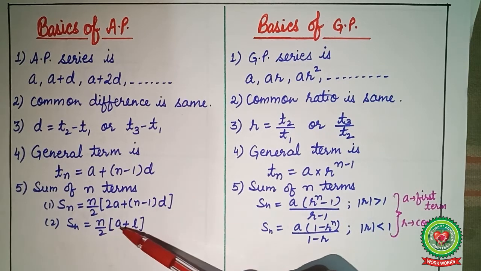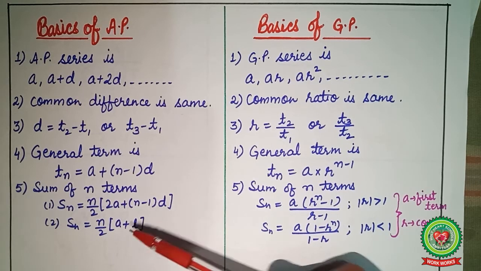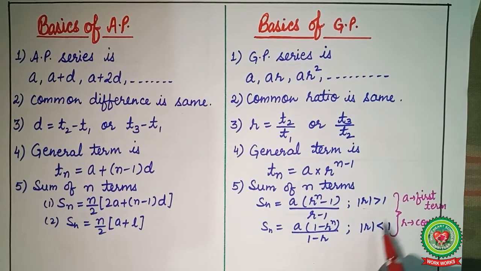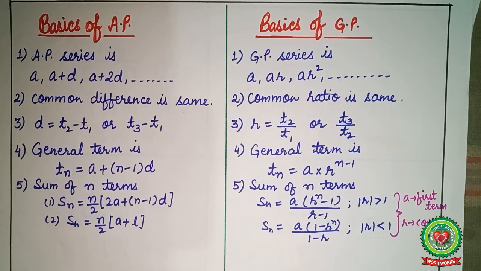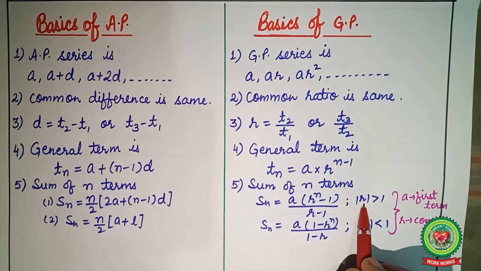If N, A and the last term are given, we apply the second formula. Here in GP, again we have two formulas, but it depends upon R, the common ratio. We have to take the modulus value of R, which is always positive.